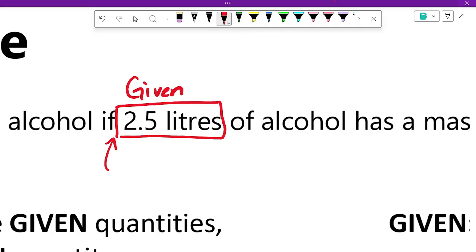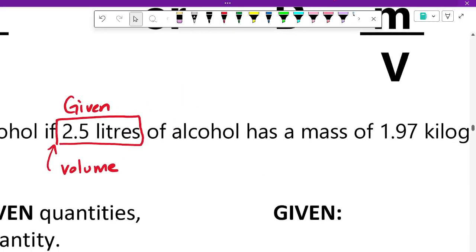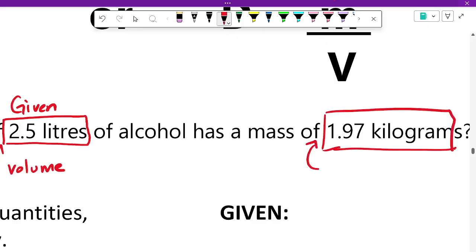Liters measures volume. What is our other given? Mass. We've got 1.97 kilograms. And that is mass.